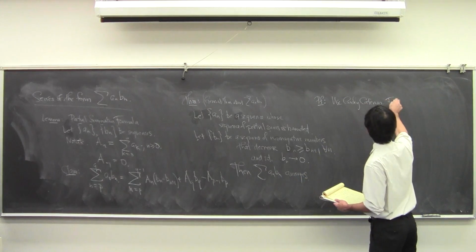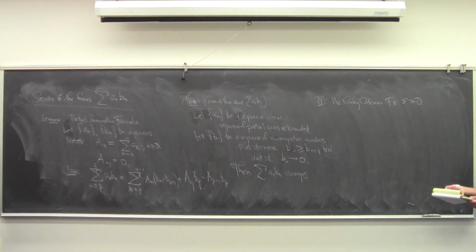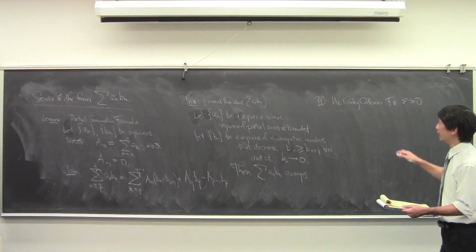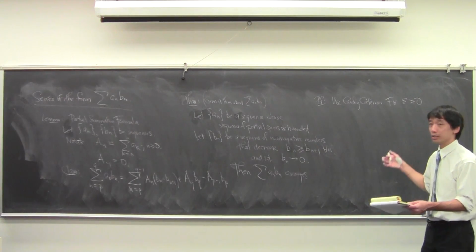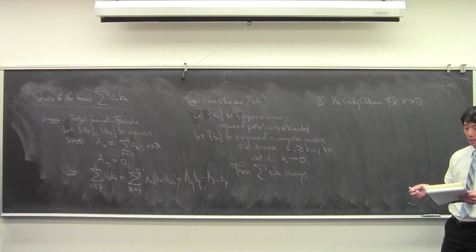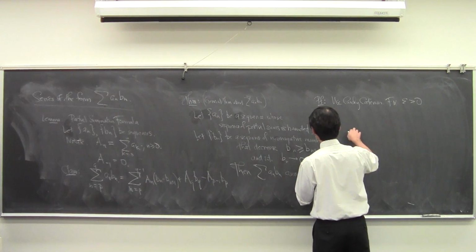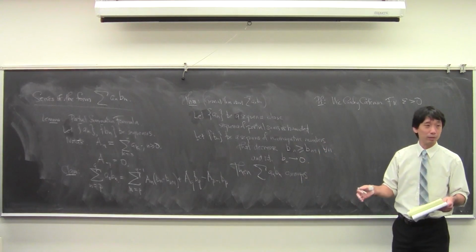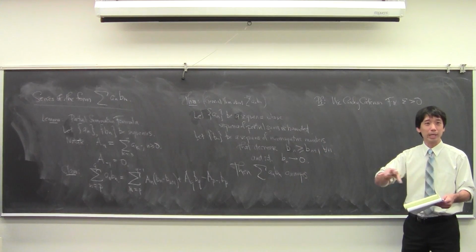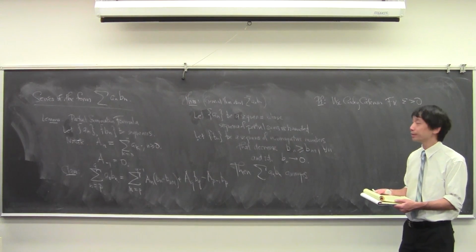Fix some epsilon, and we want to show that there's some time past which the magnitude of the partial tails is bounded. That's the Cauchy criterion for series.